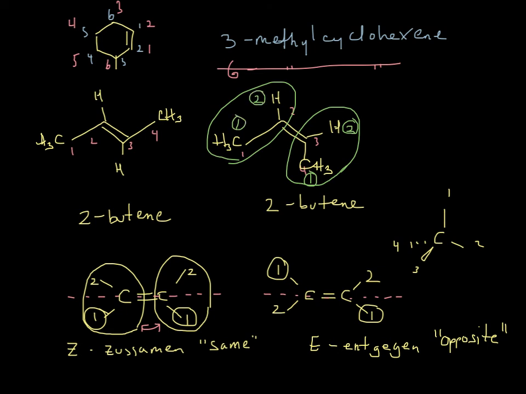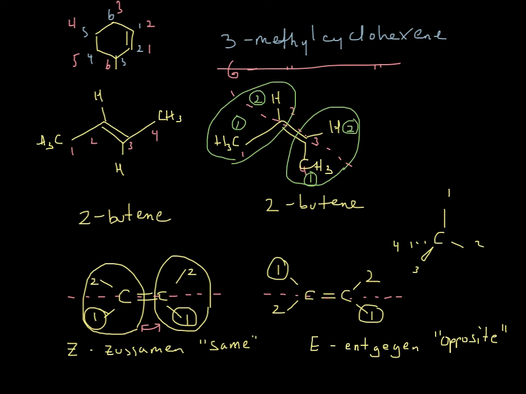So again, we're just ranking those two substituents against each other for each of the carbons involved in the alkene. If we draw our little imaginary pink line straight through the alkene, you'll notice that the number 1 on the left carbon and the number 1 on the right carbon are both on the same face of the double bond. Therefore, it is a Z isomer.